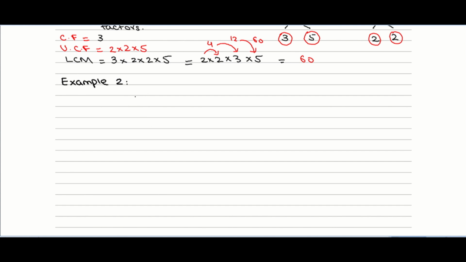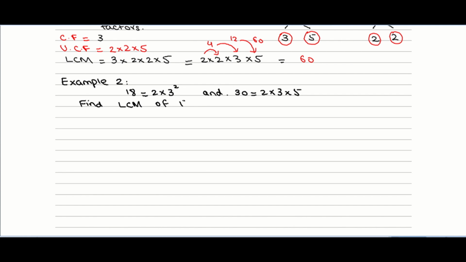We are given that 18 equals 2 times 3 square and 30 equals 2 times 3 times 5. Find the LCM.